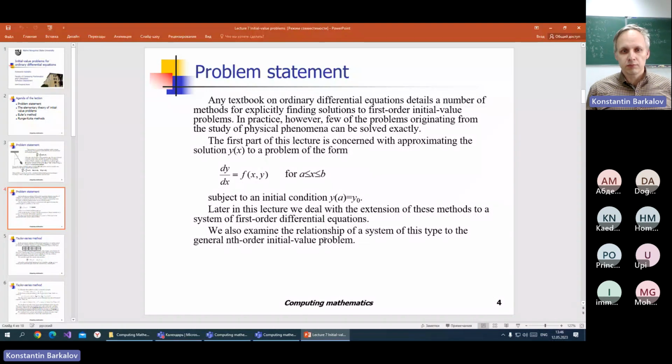Later in this lecture, or maybe next lecture, we will deal with the extension of these methods to systems of first order differential equations.